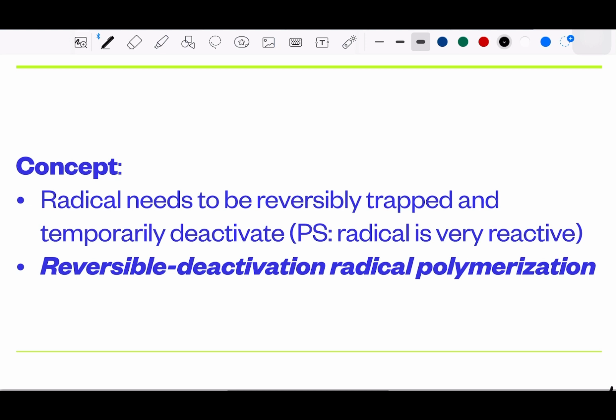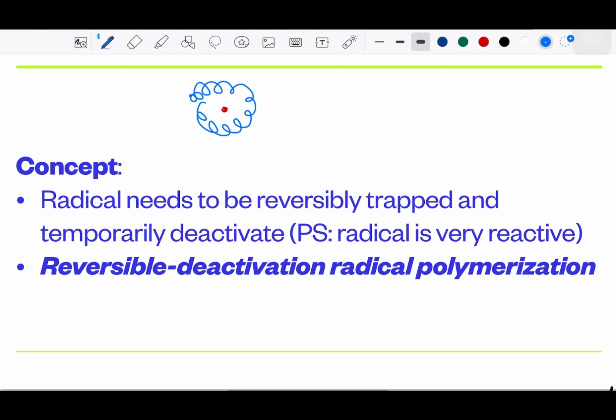Remember, the radical species is the one that is really active, right? You consider it like a dot in the chemistry, in the reaction. So what this means is, if we can make some shield, for example, if we can take this radical and make something that blocks it from the environment, that's also possible.